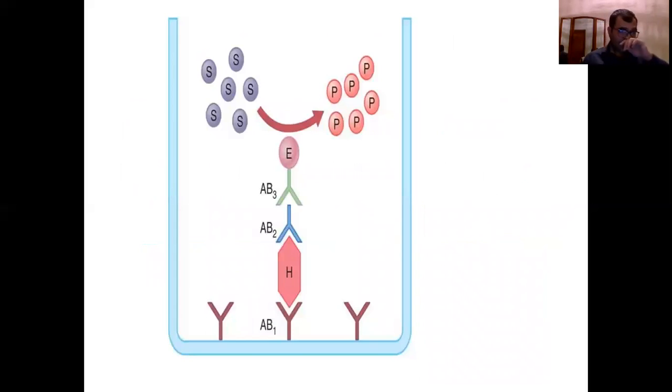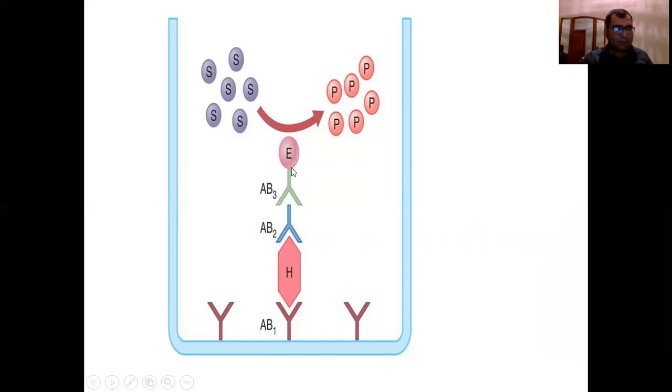Here we see that AB1 and AB2 are antibodies that recognize the hormone H at different binding sites. And AB3 is an antibody that recognizes AB2.